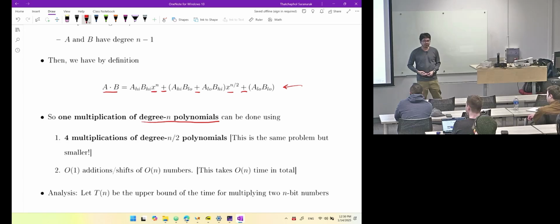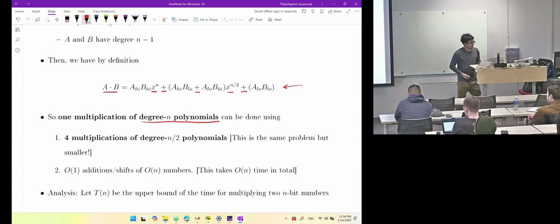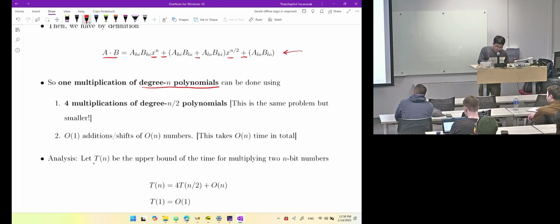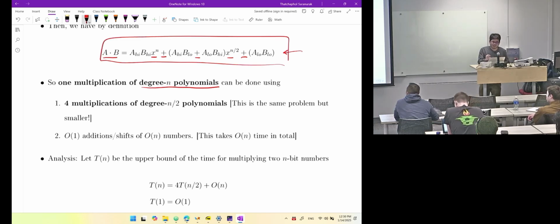I hope you are convinced that this recursive algorithm should work, because we just followed this equation.